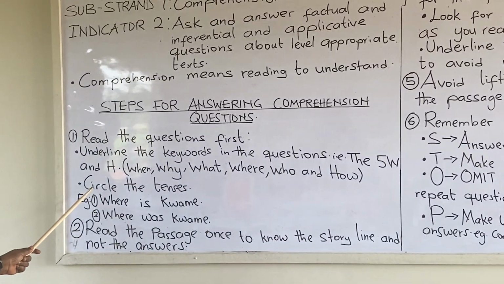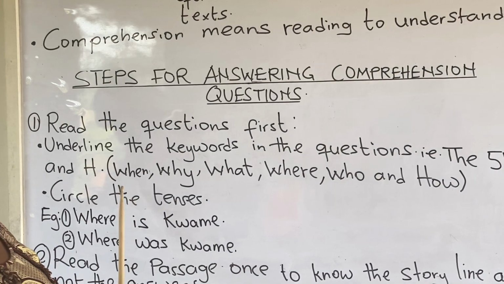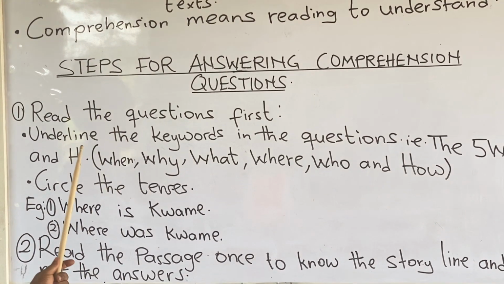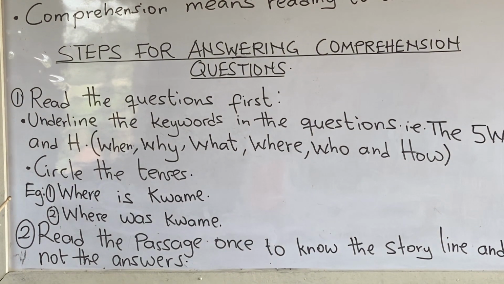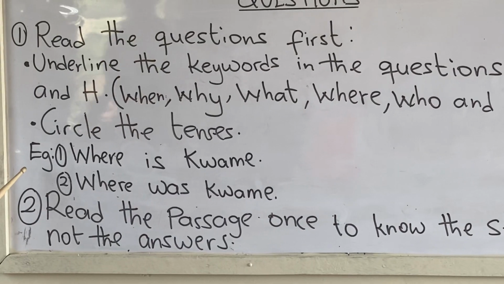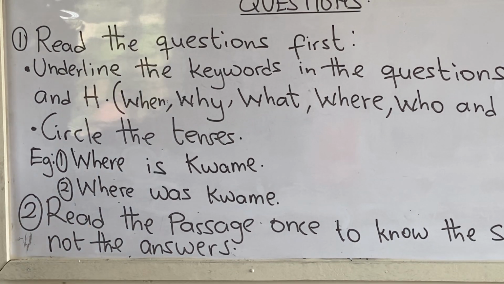Now, also circle the tenses. You are to circle the tenses. Now, how do we circle the tenses? Let's look at example 1. Where is Kwame?